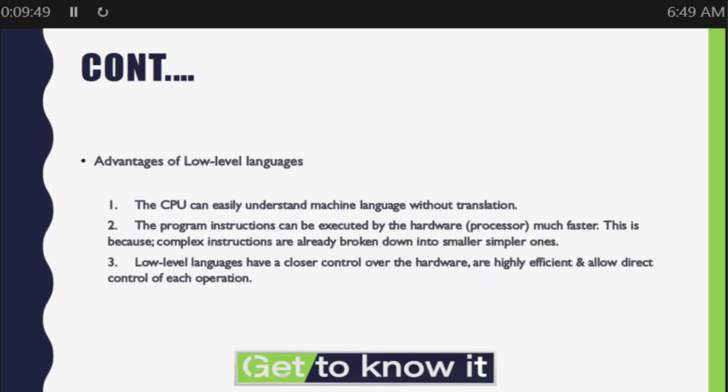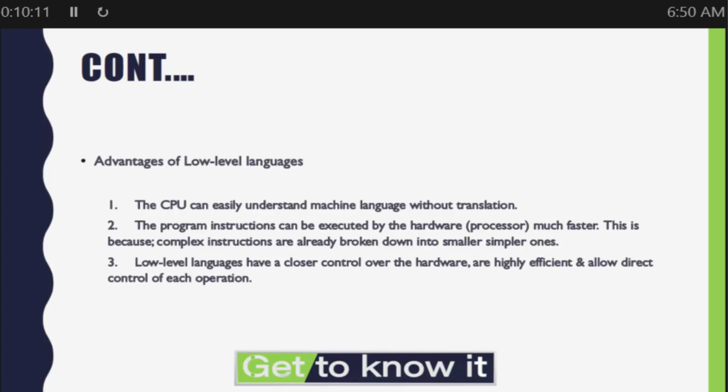What are the advantages of low-level languages? One is that the CPU can easily understand machine language without translation. With high-level languages, any program statement written must be translated into machine language, and this will take its own portion of time.